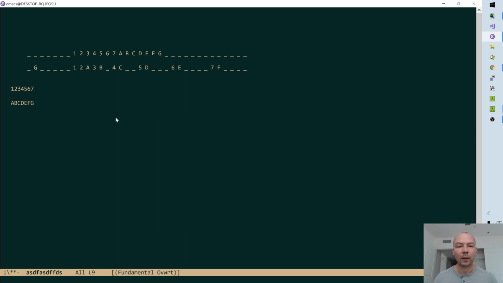Okay. So you can see that's a lot better. It's still not great because A, B, C, D, E, F, G keep colliding with each other. But the 1, 2, 3s and the ABCs don't collide with each other anymore under this probing strategy.